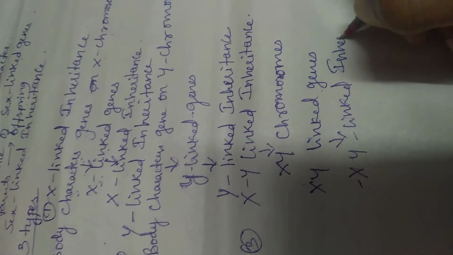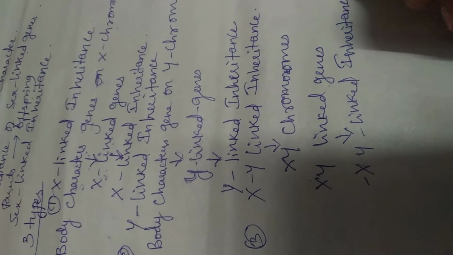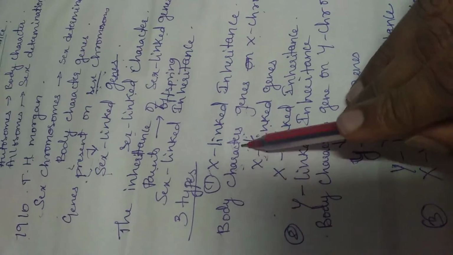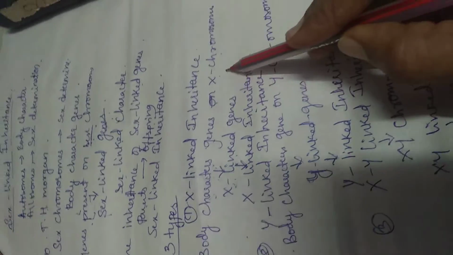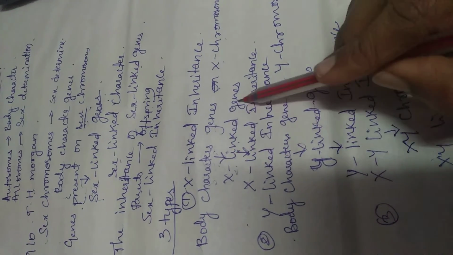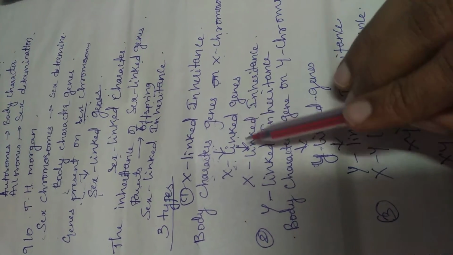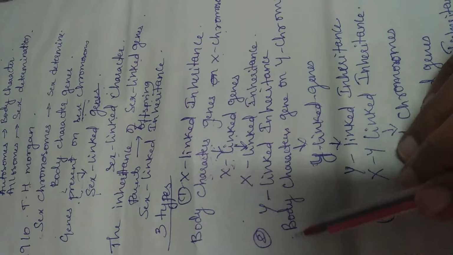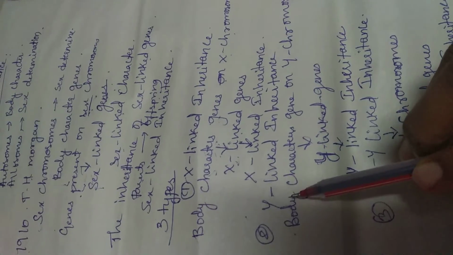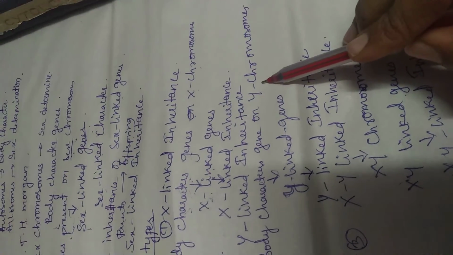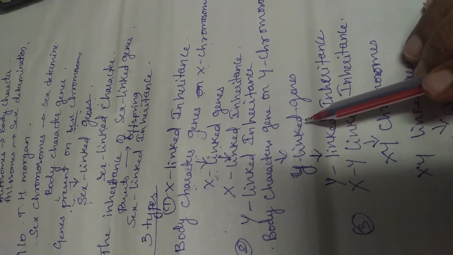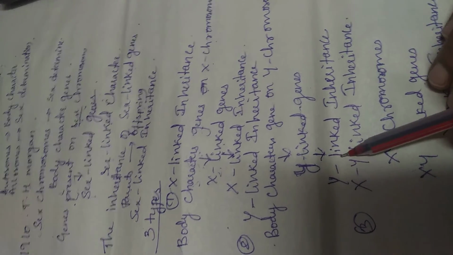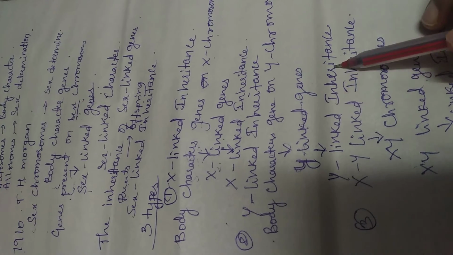If the genes which are controlling body characters are present on the X chromosome, then it is known as an X-linked gene. The inheritance of an X-linked gene is called X-linked inheritance. If the body character controlling genes are present on the Y chromosome, then those are known as Y-linked genes, and inheritance of those genes is nothing but Y-linked inheritance.